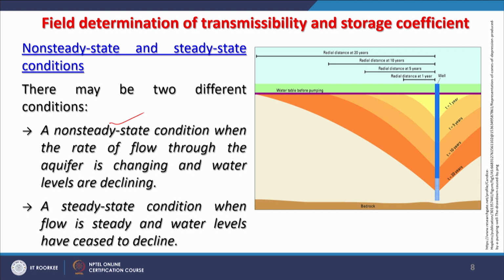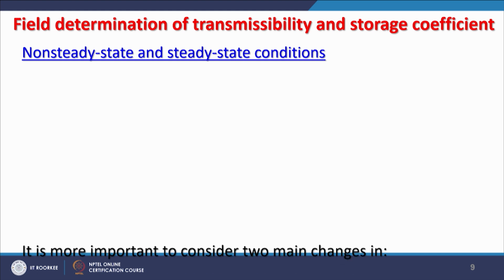Whereas in steady state conditions, when the flow is steady and water levels have ceased to decline, everything is settled. But in non-steady state, nothing is settled: your withdrawal rate is also changing, plus the water levels in the well are also declining.